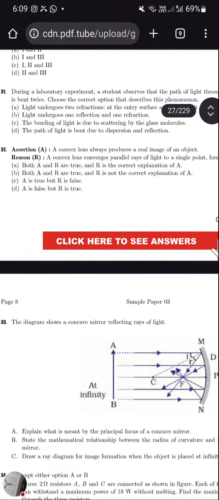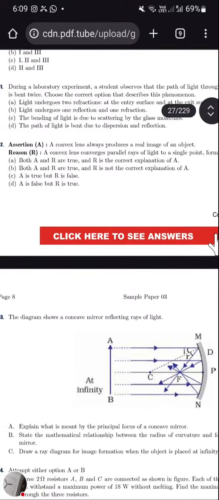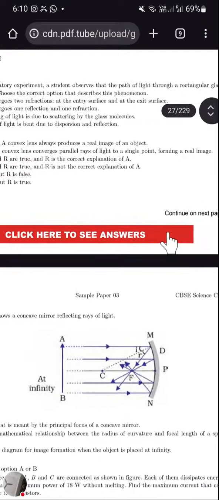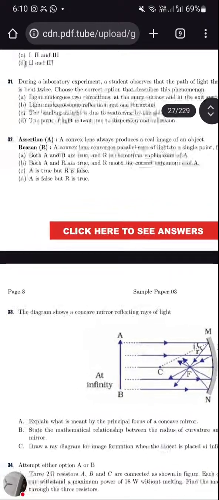Another one, 32. Assertion: convex lens always produces a real image of the object. Just now we discussed that it's not always producing a real image. In one case, when the object is between the pole and focus, it produces a virtual image. Reason: a convex lens converges parallel rays of light to a single point, forming a real image.